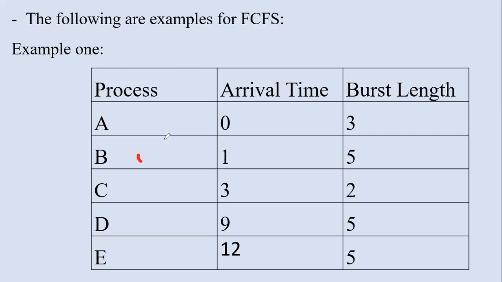Process B arrives at time 1 and has a burst of 5. Process C arrives at time 3 and has a burst of 2. Process D arrives at time 9 and has a burst of 5. Process E arrives at time 12 and has a burst of 5.